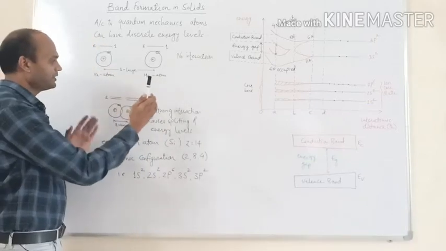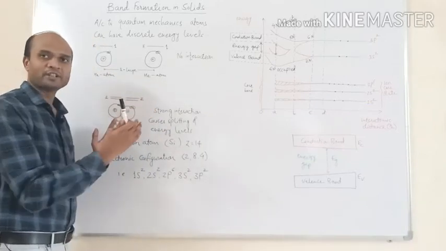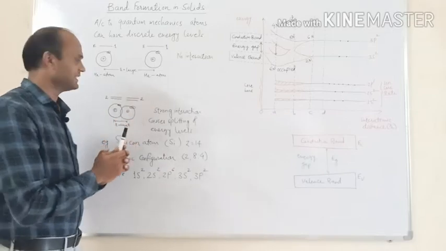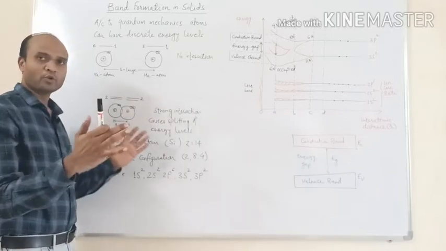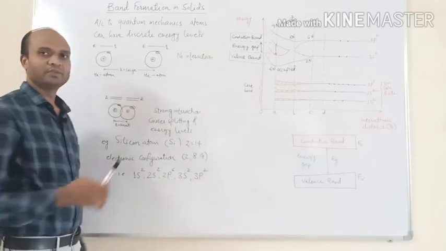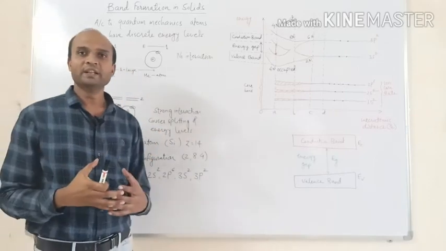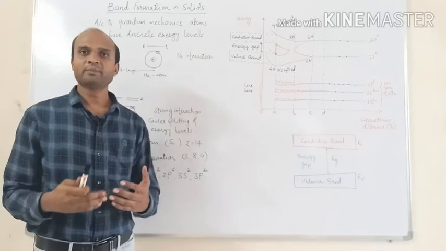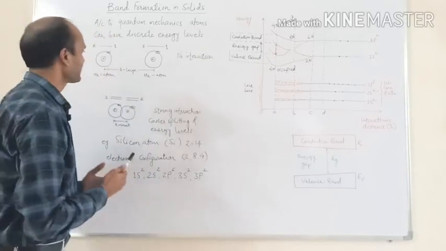But if the distance between two hydrogen atoms goes on decreasing, here you can see, if we go on decreasing the distance between two atoms, then the interaction between the orbits will increase. So there will be more and more interaction.